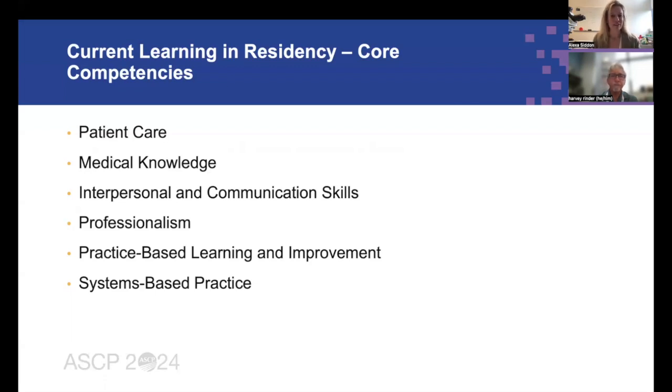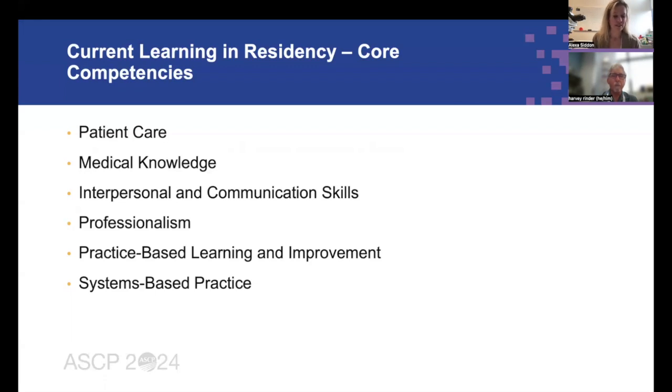We sometimes provide consultations. We have professionalism, which is a very important one. This is providing respect for others, compassion, responsiveness to the patient needs, accountability. The 5th core competency that the ACGME provides is practice-based learning and improvement.